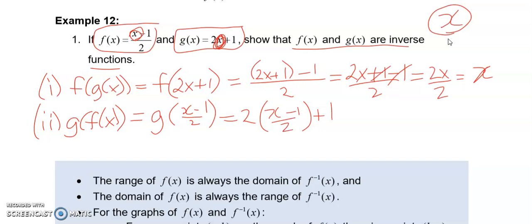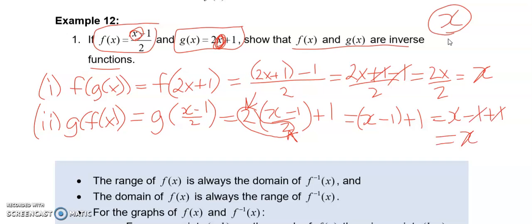And now you simplify this as much as you can. Notice that the 2's right here, right off the bat, they can cancel, because this 2 is in the numerator, and this 2 is in the denominator. They're both factors, so they cancel out. So all you're left with is x minus 1 plus 1. Now remove your brackets, and you have x minus 1 plus 1, and they cancel, and voila, now you have just x.